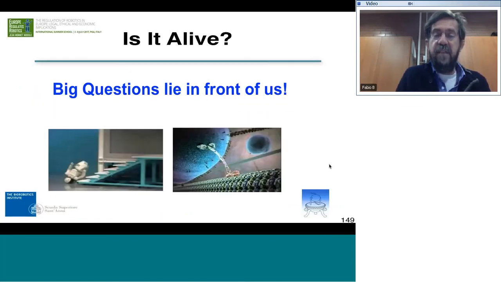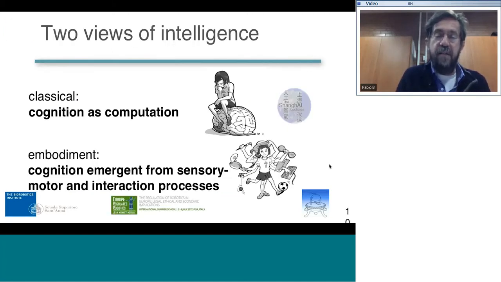I just want to say that we have really nice issues in front of us. For instance, to see to what extent we can implement a bio-like robotics. We have this typical paradigm fight between the recognition and computation paradigm and recognition emerging from sensory-motor interaction flow.